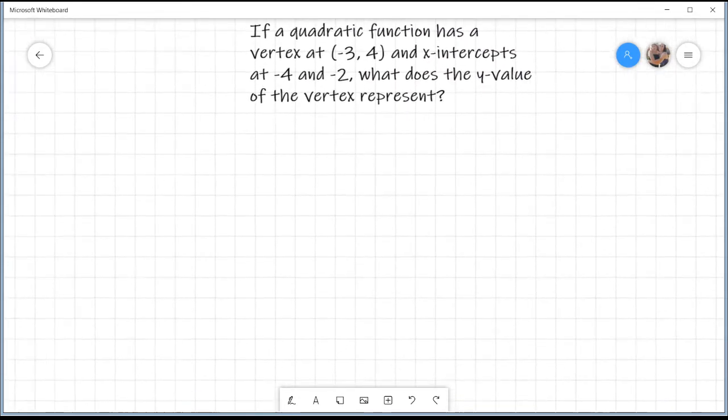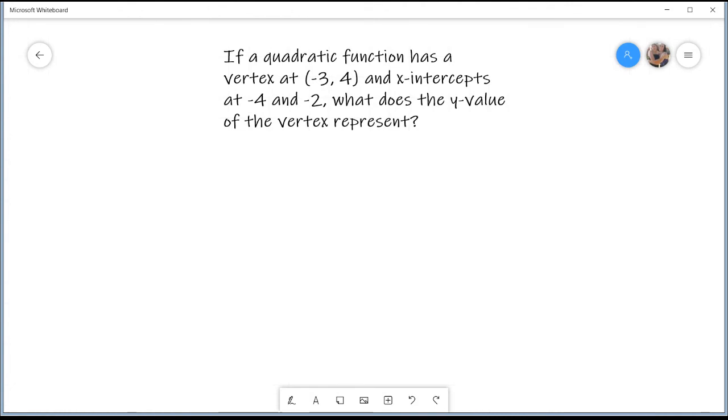Now, looking at the second type of problem, if a quadratic function has a vertex at (-3, 4) and x-intercepts at 4 and -2, what does the y value of the vertex represent? Now, what we're trying to do here is envision what this parabola is going to look like.